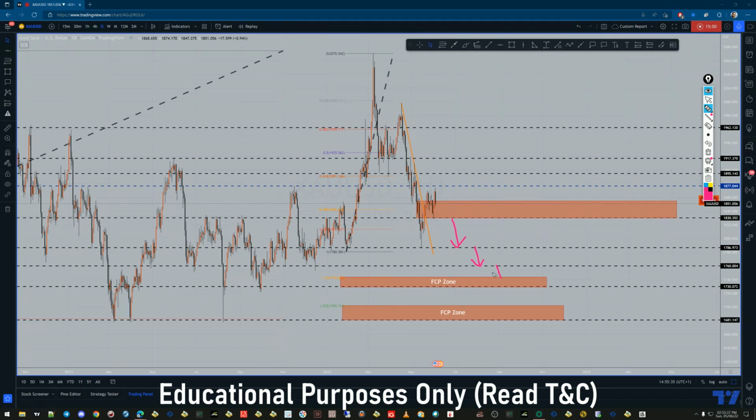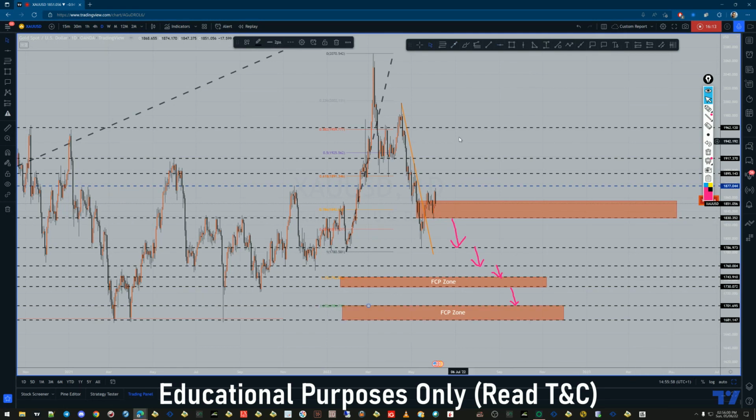If that's broken, then we are looking for this FCP zone, which starts at 1743. And if this FCP zone is broken, then we are looking for a retest into this FCP zone, which starts at around 1700. Okay, so these are all the targets that you have. Now this is the FCP analysis.